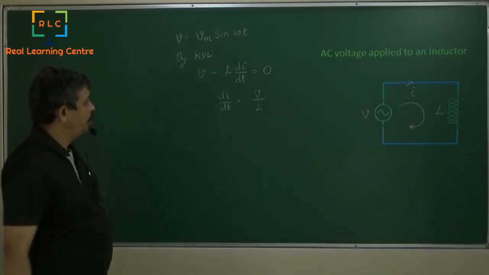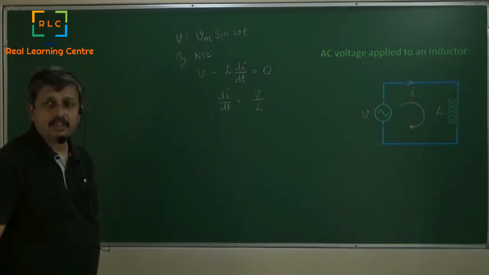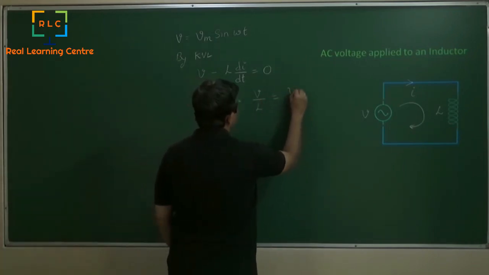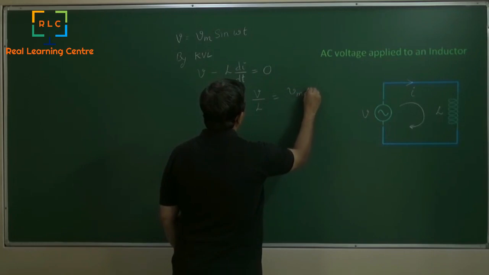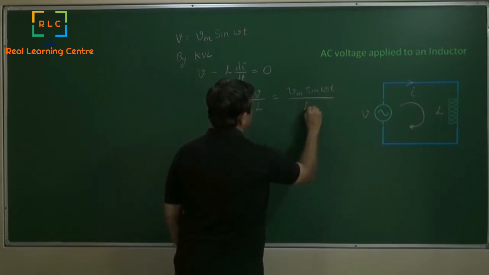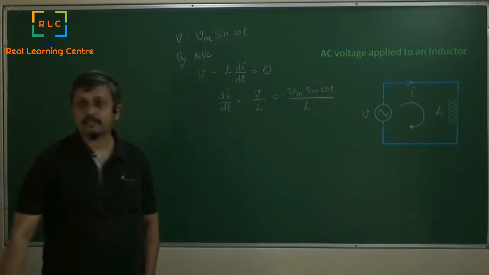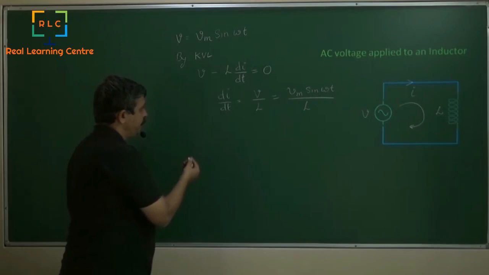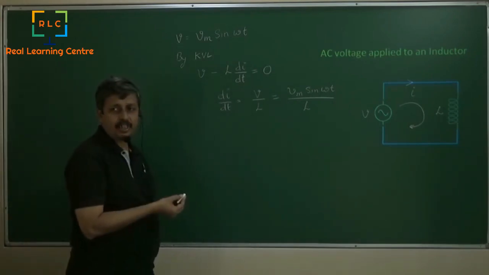Now we will write down what V is, which is Vm sin omega t divided by L. I'm going to multiply both sides by dt.